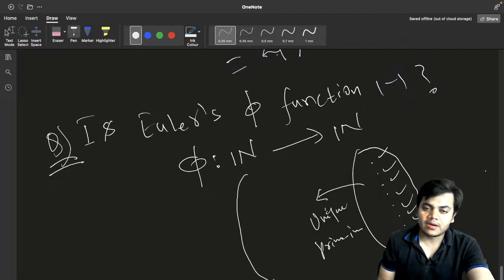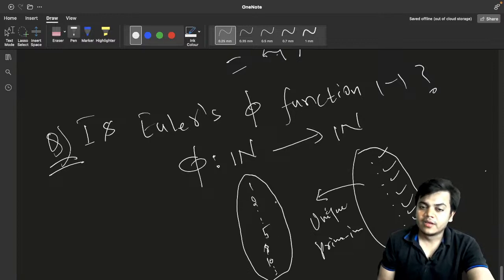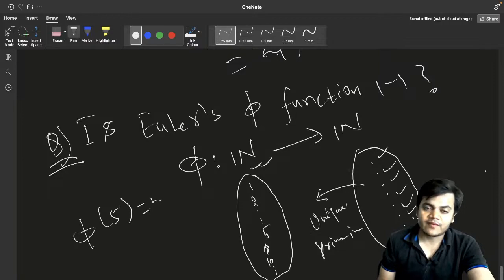For example, here is 1, 2, 3, 5 and so on, 10, and 8 is also there. So a unique preimage should be there in this domain of naturals. But what is going to happen? When you calculate phi of 5, this is 5 raised to the power 1 minus 5 raised to the power 0. So this is 5 minus 1 is equal to 4.